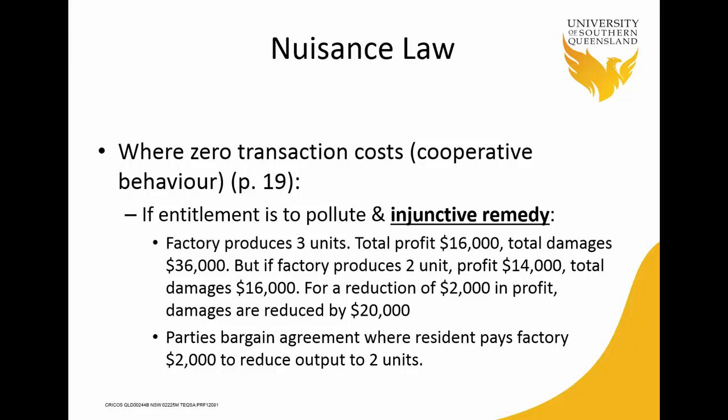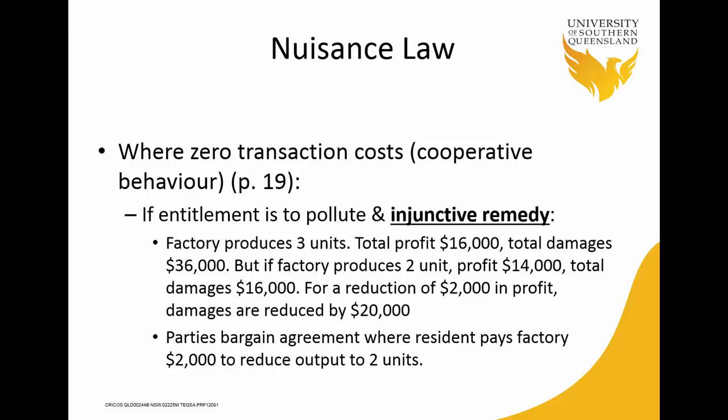Now the resident is actually going to pay the factory this 2,000 and ask them to reduce the output to 2 units. So the factory doesn't care, because the 2,000 is going to replace the amount that they're going to have from the maximum profit they can produce, which is at 3 units.